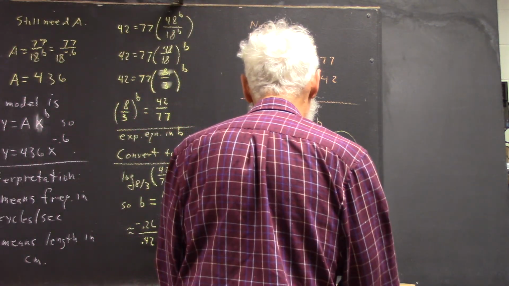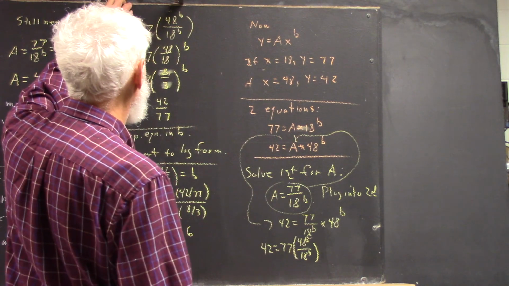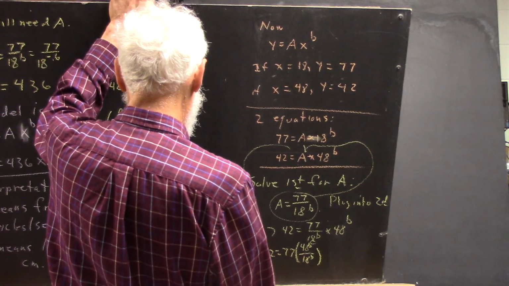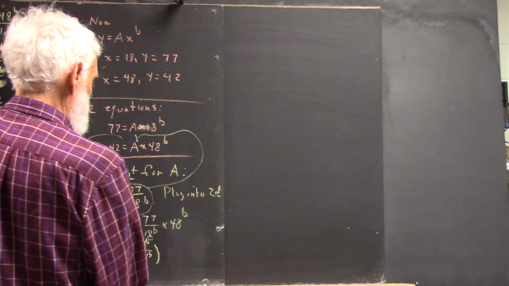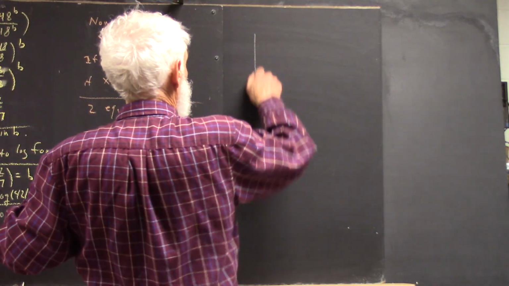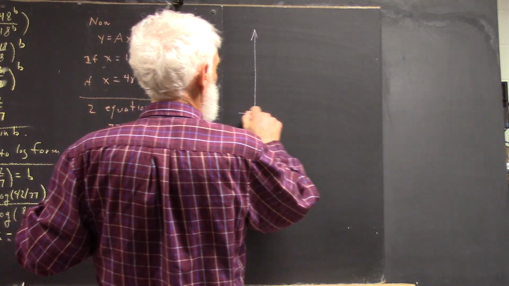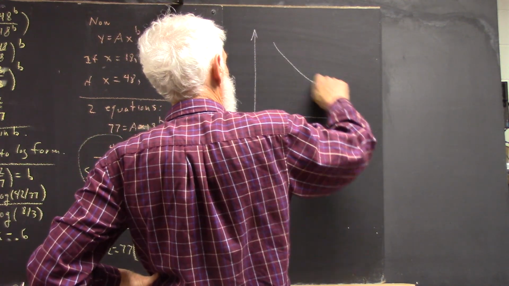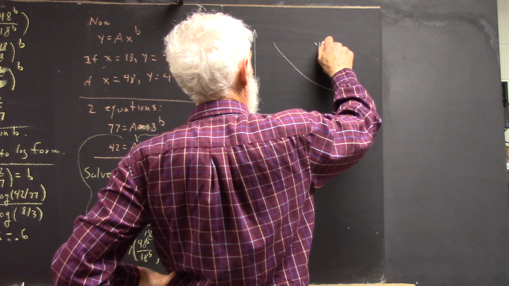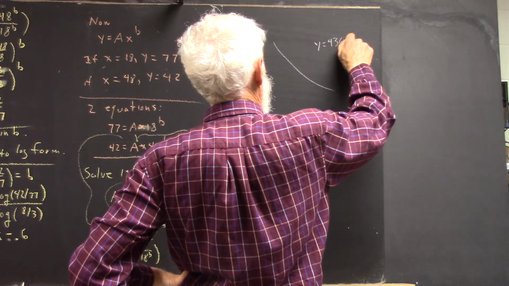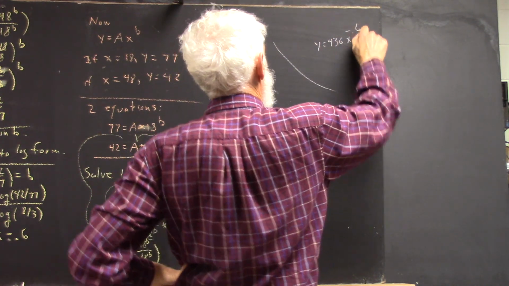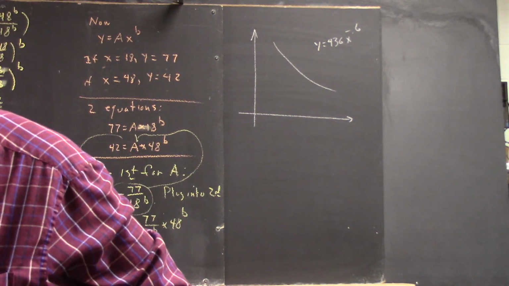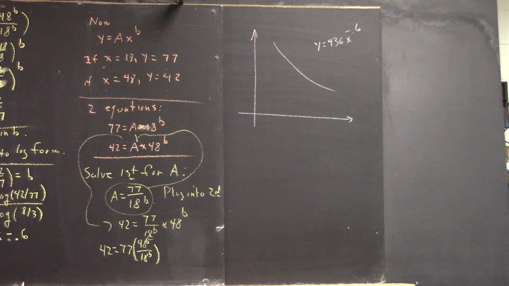Well, among other things, we can now say, okay, here's our graph. So it was negative 0.6. Yes. You missed that whole ordeal. Y equals 436 x to the negative 0.6, right? Yes. Okay?